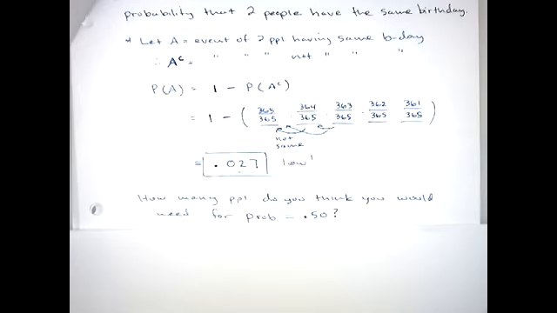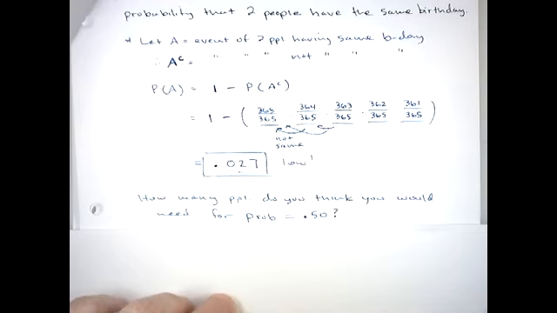Again, assuming non-leap year. 366, right? If you have 365 people in a room, it could be very unlikely, but they all have different birthdays of the year. But that 366th person is guaranteed to have the same birthday as one of those other 365 people. So we know that would be 366 people for the probability 2 people have the same birthday to be 100%.